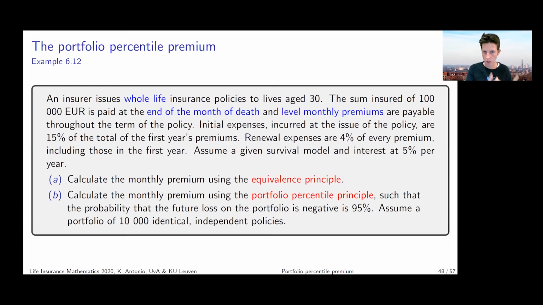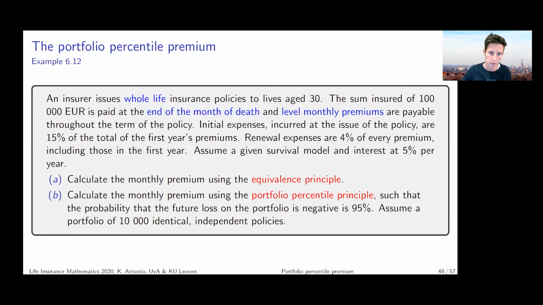So we're looking at whole life insurance policies payable at the end of the month of death. 100,000 euro is the death benefit. We've got level monthly premiums payable throughout the term of the policy. And we've got a few things with these expenses. So we've got initial expenses, 15%, and we've got the renewals equal to 4%.